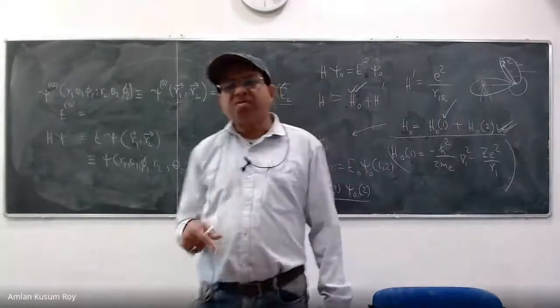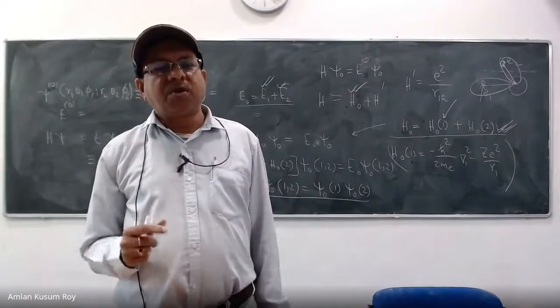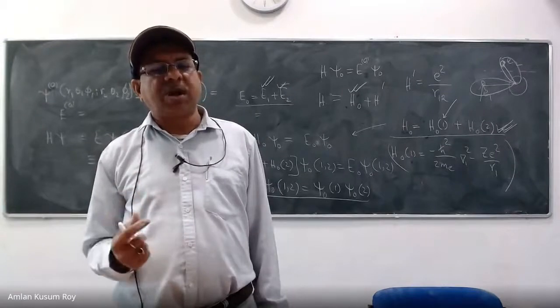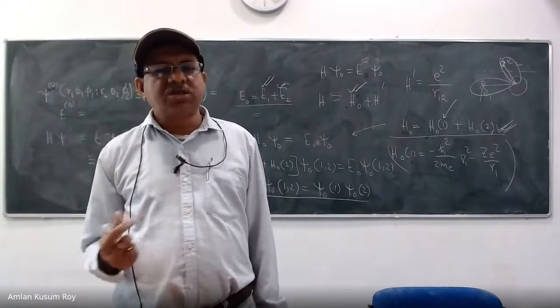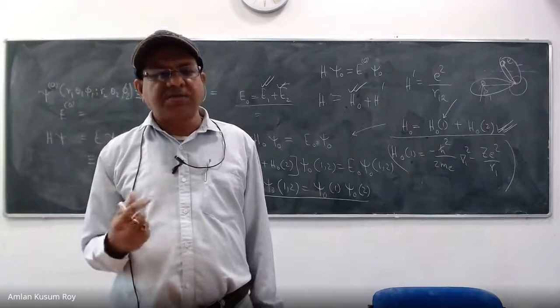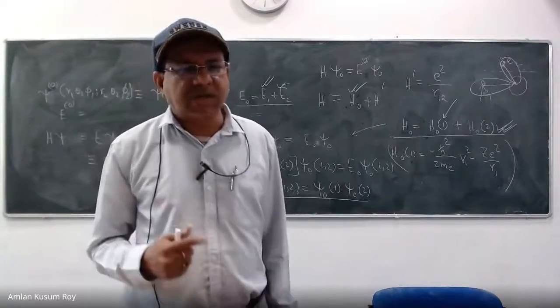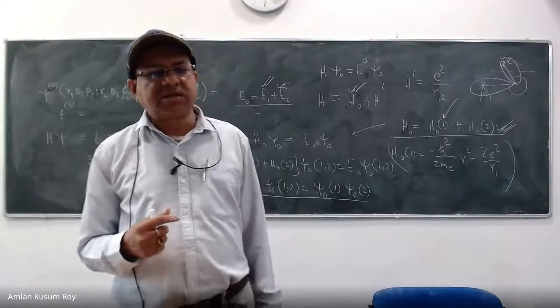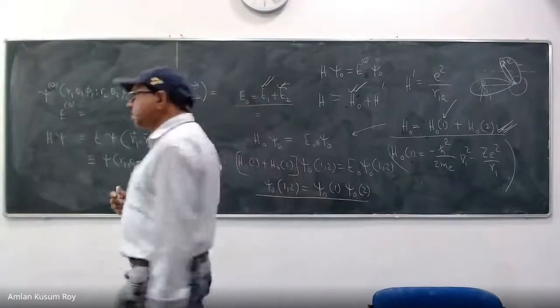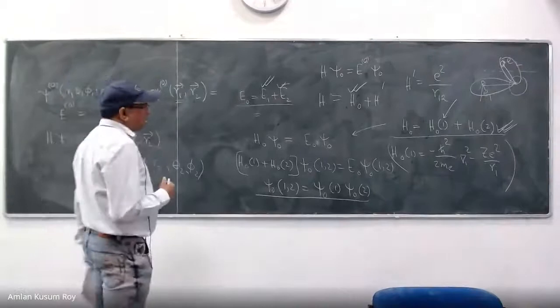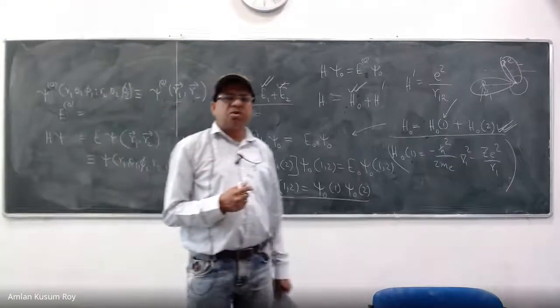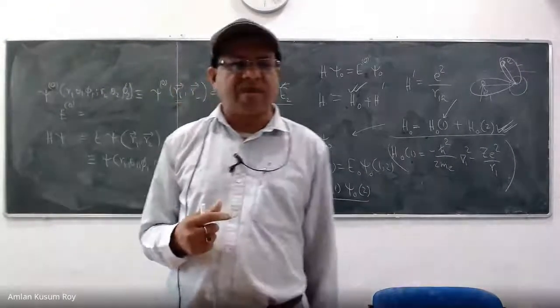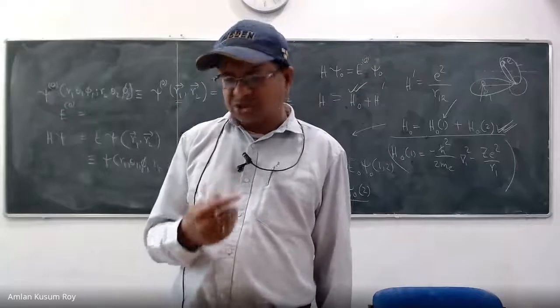But the point to be realized is that for your practical purposes, you can actually choose an H0 or an unperturbed system which may be unphysical. That is what I am trying to focus on. It is not necessary that your H0 has to be physically grounded. But for mathematical convenience, we will take this as an H0 because the solution is known.